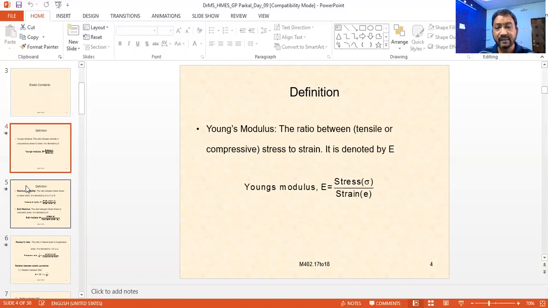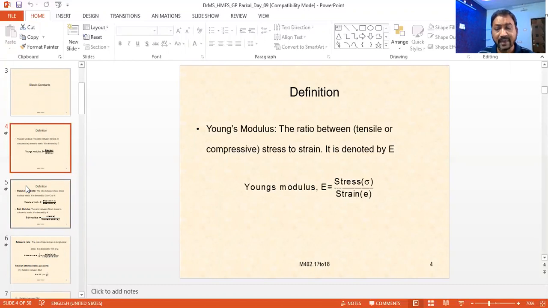The first one is the Young's modulus. This Young's modulus is generally applicable during tensile stress or compressive stress. Whenever a body is subjected to some kind of stress, that may be either tensile stress or compressive stress, accordingly when it is subjected to tensile force or compressive force, it results in tensile strain or compressive strain.